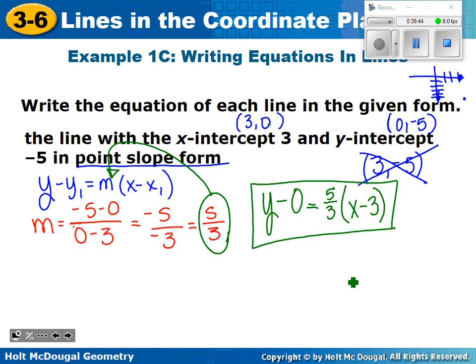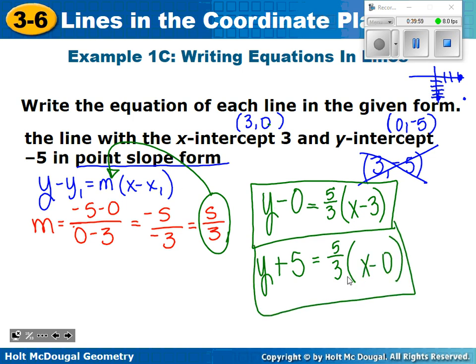Or you could have used the 0, negative 5. So what would you have there? Y plus 5 is equal to 5/3 parentheses and you would leave it like that. This is giving you a point and the slope. They would both be acceptable answers, and they look different, but if you were to distribute the 5/3 and solve for y, they would both turn out to have the exact same y equals mx plus b equation.